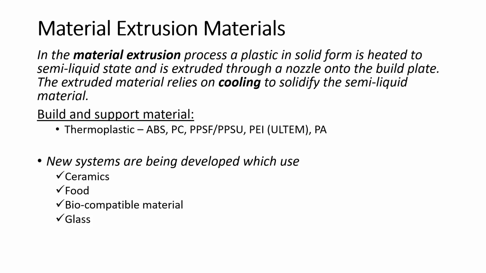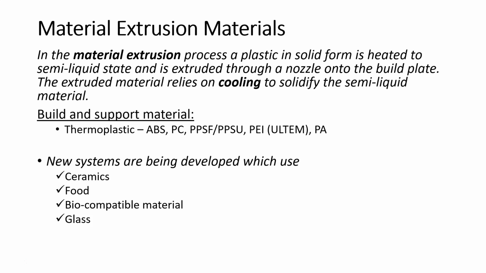It's kind of like molasses, or a good analogy to this is a hot glue gun. So it's in a semi-liquid state and it's extruded through the nozzle onto the build plate. The extruded material relies on cooling only to solidify the semi-liquid material.